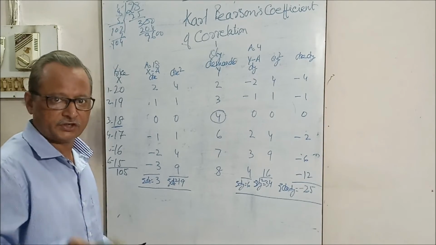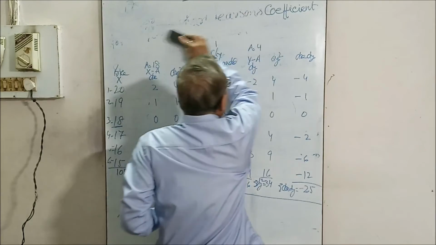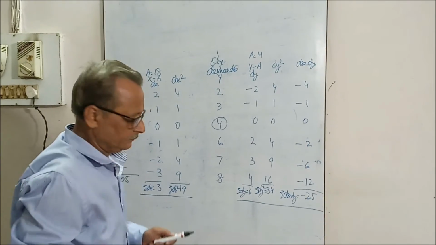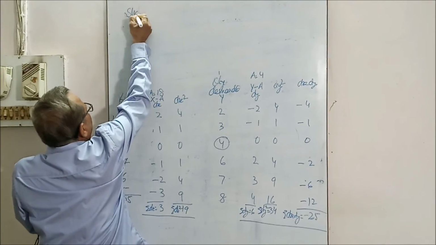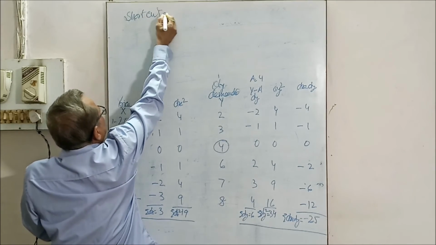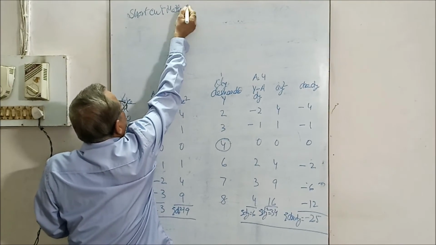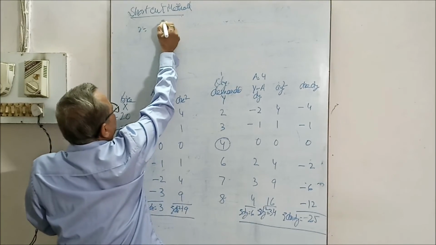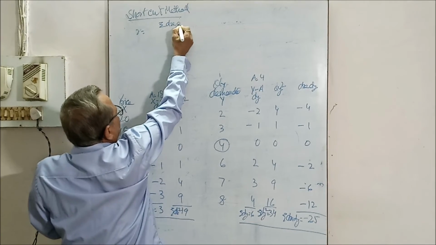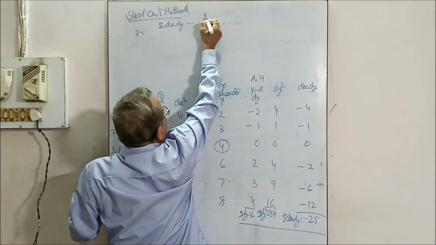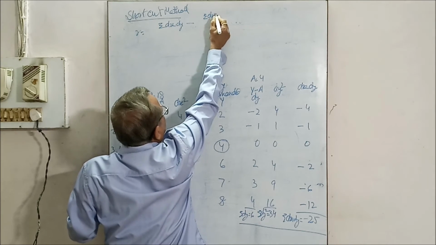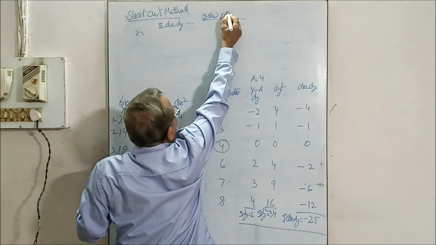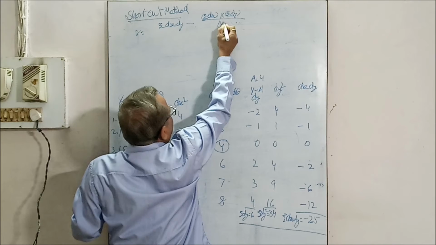Now we will use the shortcut method formula. See here, I am writing the formula upside. Shortcut method: correlation is equal to sigma dx dy minus sigma dx into sigma dy upon n.